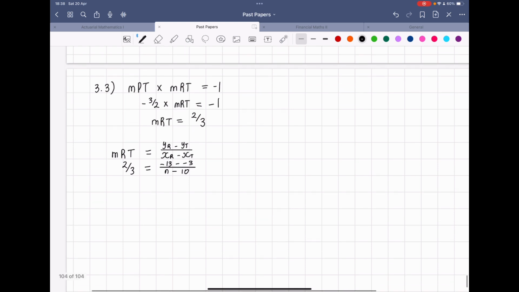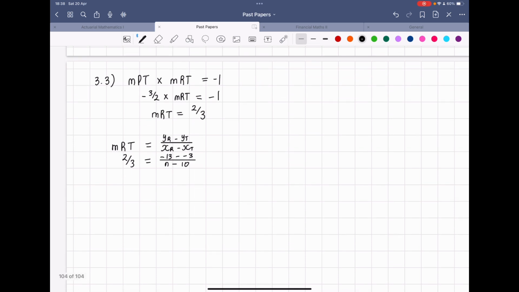Okay, so I'm going to multiply this equation by this denominator, n minus 10. So I'm going to have n minus 10 times this fraction on this side, and on this side I'm just going to be left with the numerator. Minus 13 minus minus 3 is minus 13 plus 3, which is minus 10.